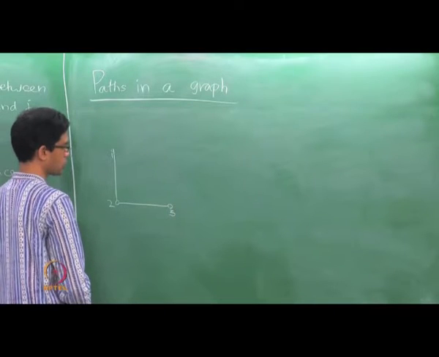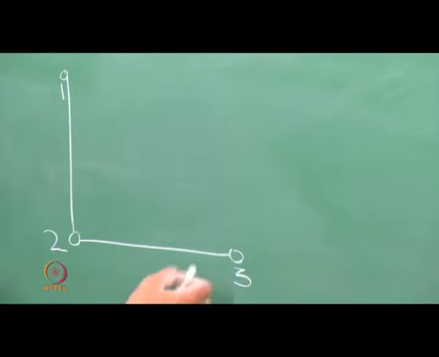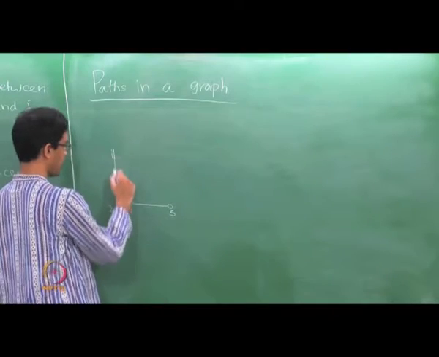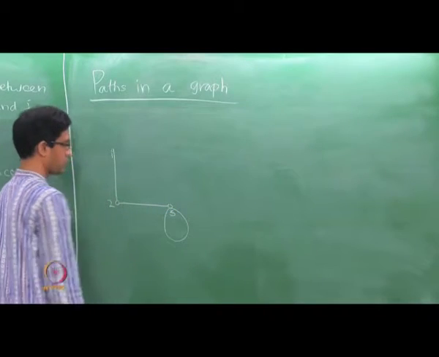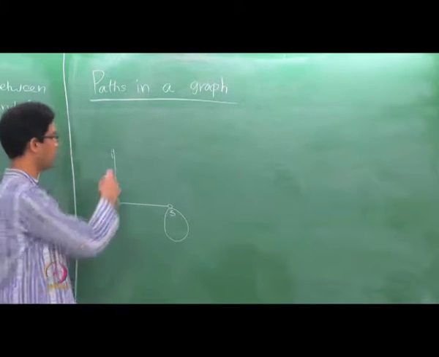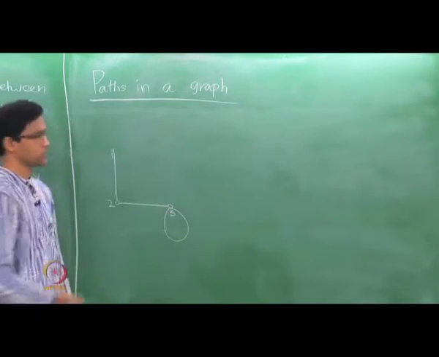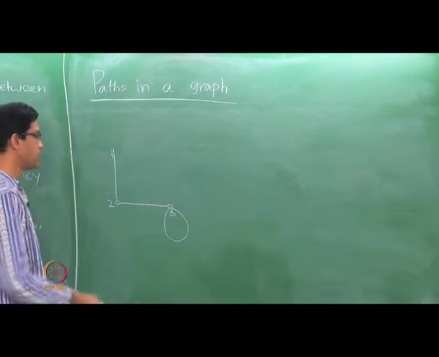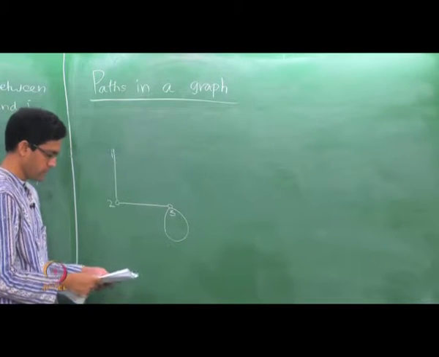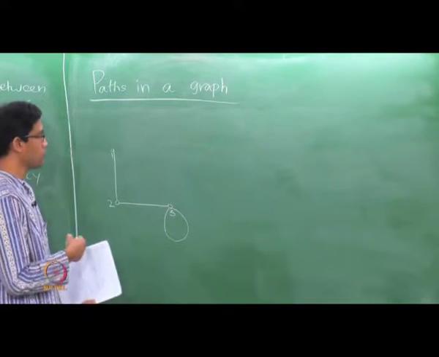The thing which first goes to 2 and then goes to 3. Or I could consider a path of length 3 as follows. I go down to 2, go to 3, and then follow the loop at 3. Okay, so here's a path which will get me from 1 to 3 in 3 steps. So the notion of a path itself is a rather intuitive and easy thing. Now what we want to do therefore is to count paths.